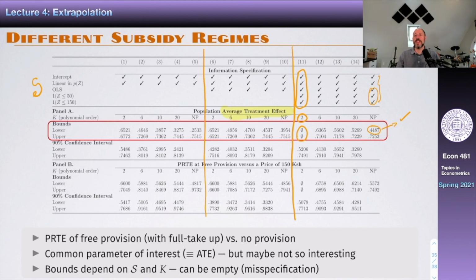Misspecification sometimes leads to narrow bounds, and that's the risk of putting in a lot of assumptions, the extreme being the empty set. But notice how, to continue that argument, when you impose more assumptions you have bounds that are more narrow than when you try to be more flexible.